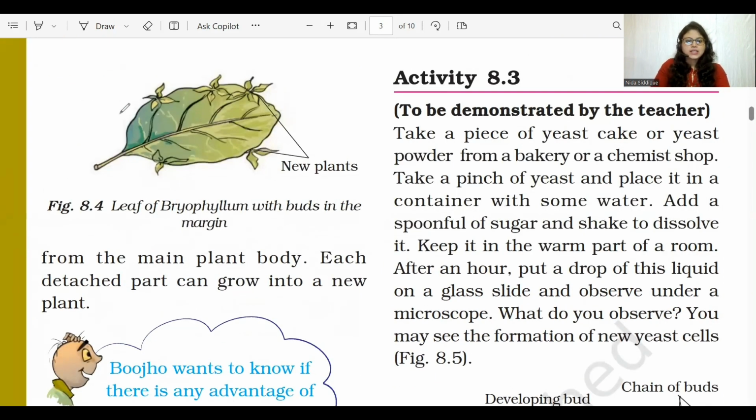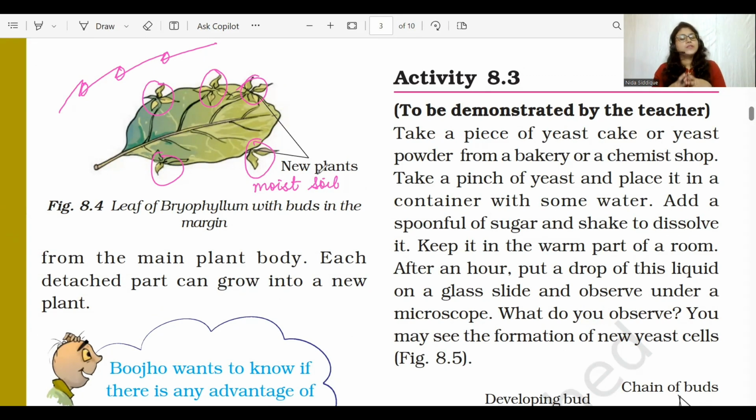You can see that buds are growing at the margins of the leaves. As soon as these buds fall onto moist soil, they can develop into new plants. You can see over here, Bryophyllum is also reproducing without the help of seeds. It is reproducing with the help of buds, so it is also an example of vegetative propagation.